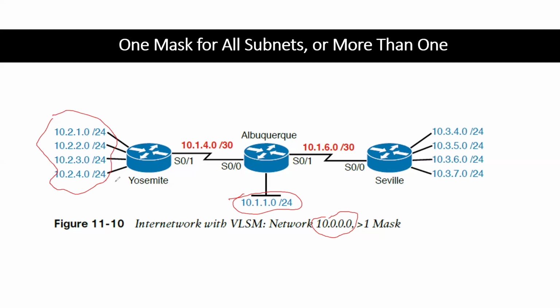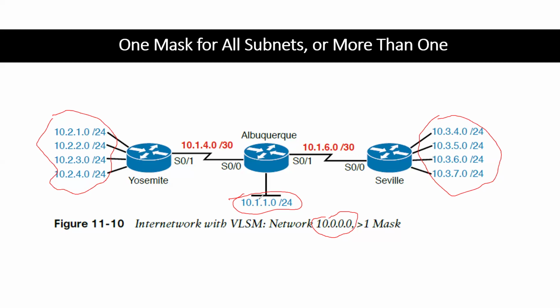They have /24s, and we split it up perfectly fine. We did the same thing over here. So this subnet mask, the /24, we're using behind each router, Yosemite, Albuquerque, and Seville, just using one mask. But we can go ahead and split it up as well.